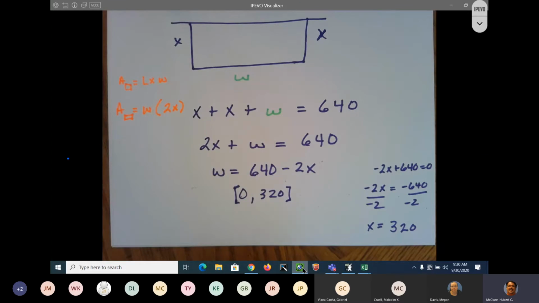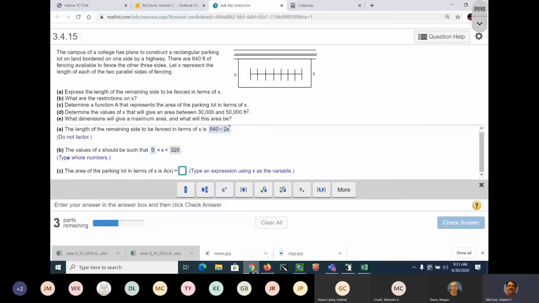I don't know if that's what they're wanting. Like I said, I've never seen this question before, so let's see what they want. The area of the parking lot in terms of x. I'm going to put W times 2x, but I don't know if they're going to use W or not.